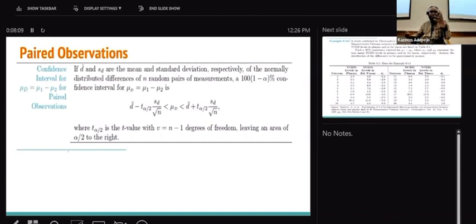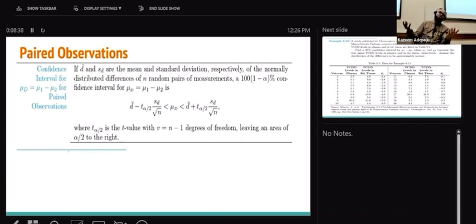Now let's start with this: paired observations. What do I mean by that? Even though I have two groups, they are dependent. Before now, we've worked on comparing means in two populations, and there are three things we've done that have to do with that.